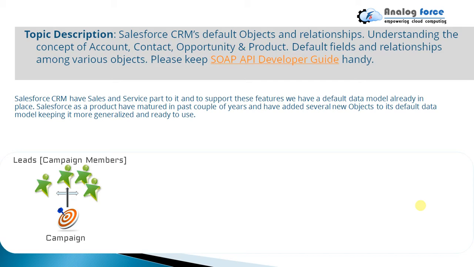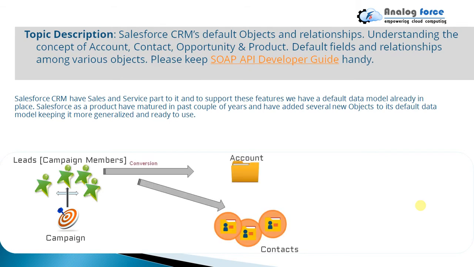Now all these details related to campaign are stored in the campaign object, and the leads which get generated get stored in the lead object itself as different records, and those properties like lead first name, last name, phone number, contact details and everything else get stored, or are manually stored, in the lead object.